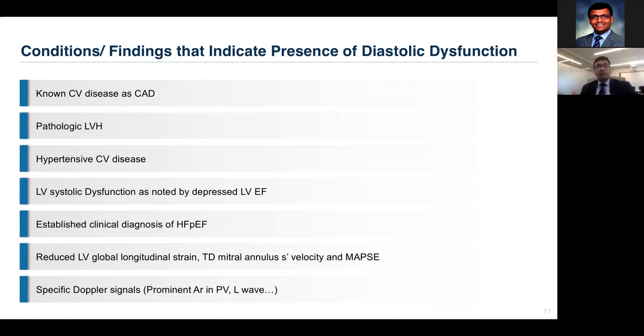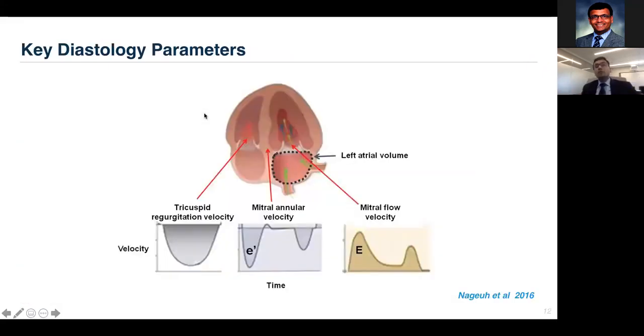On the other hand, if none of these features are present, then you're asking the question, is diastolic dysfunction present or not? Then you go towards these four features.